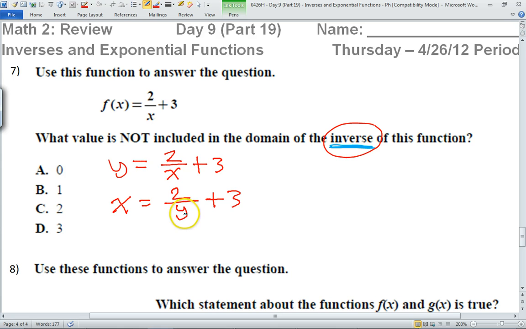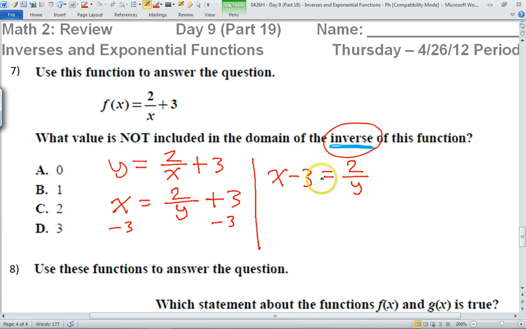Now, how do I solve this for y? Well, let's go ahead and subtract 3 from both sides. That sounds good to me. That's going to give me x minus 3 equals 2 over y. Now, I'd really like to get y by itself.